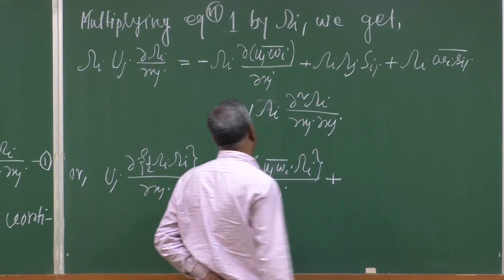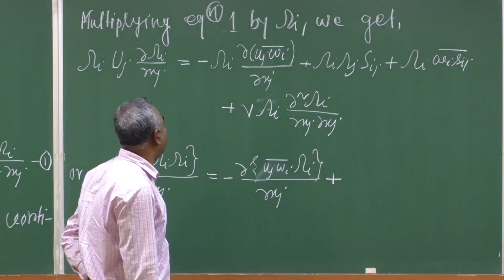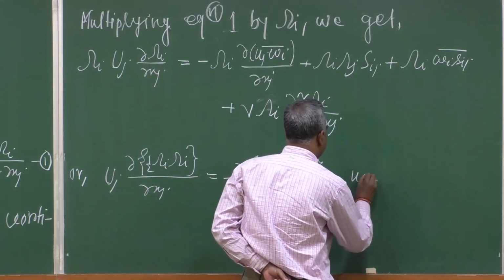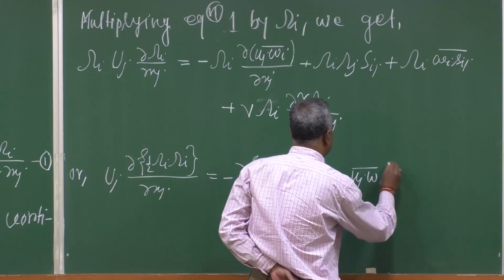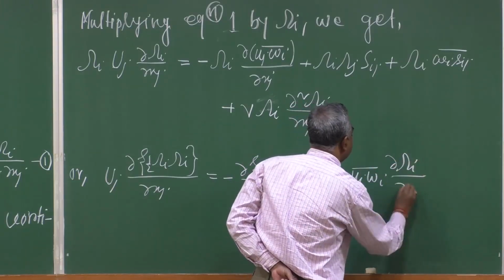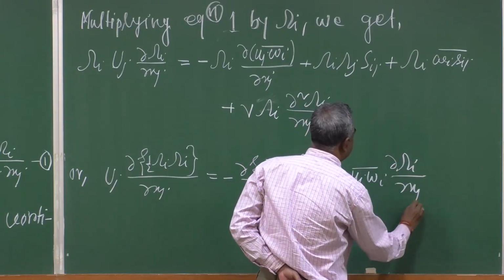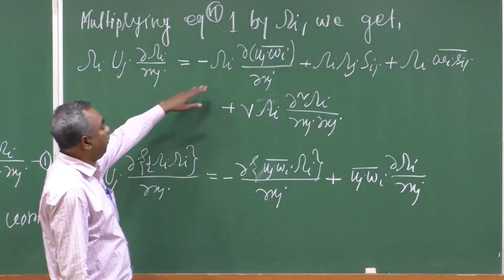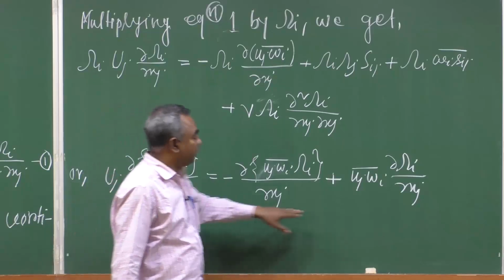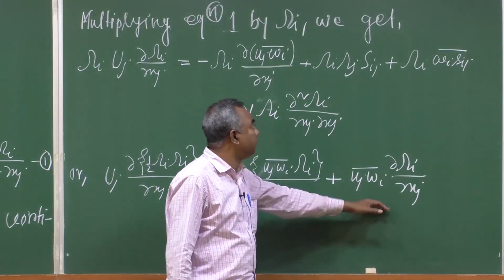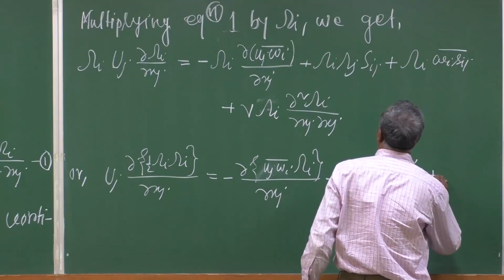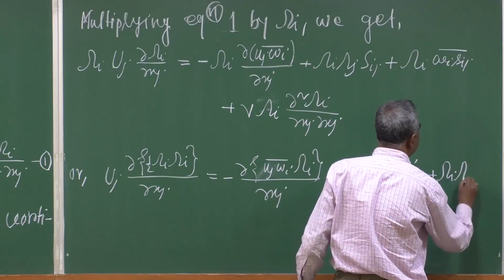Then, to arrive at this particular term, we have to add one term, that is this. Essentially the first term has been written in two parts. This is one part, this is another part, plus whatever is there, let us keep it as it is.